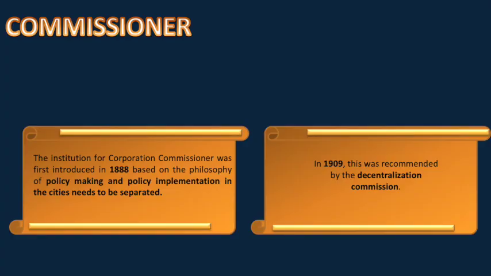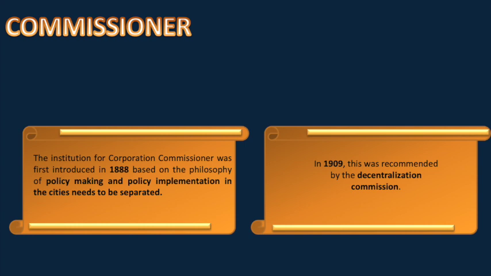How was this commissioner appointed? If you trace back the history, it was first introduced in the year 1888, and in 1909 it was recommended by the Decentralization Commission. The reason is that policy framing and policy execution have to be separated.